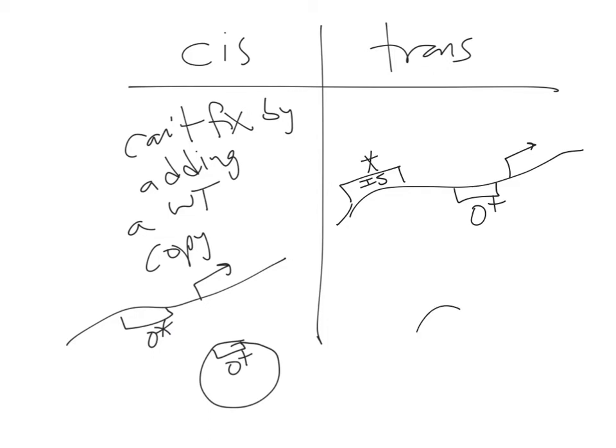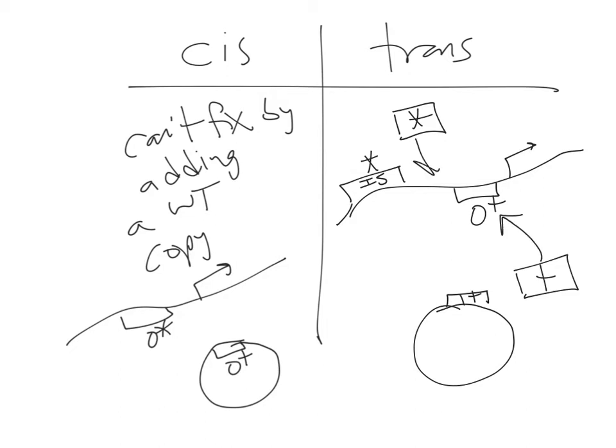If we provide now a wild type copy of that, I+ on a plasmid, you're going to have mutant repressor and you're going to have wild type repressor in the same cell. So both of those proteins have access now to this wild type operator, and those are trans effects.